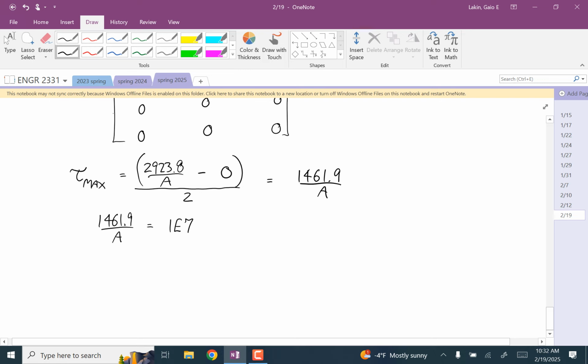And so A is equal to 0.000146619, I think. 1.4619 times 10 to the minus 4 meters squared.